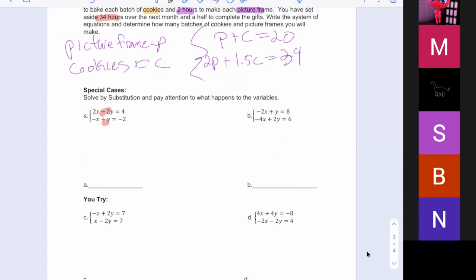To make it a 2y? Yeah, you're going to multiply by 2. So now I have 2x minus 2y is equal to 4, and negative 2x plus 2y is equal to negative 4.